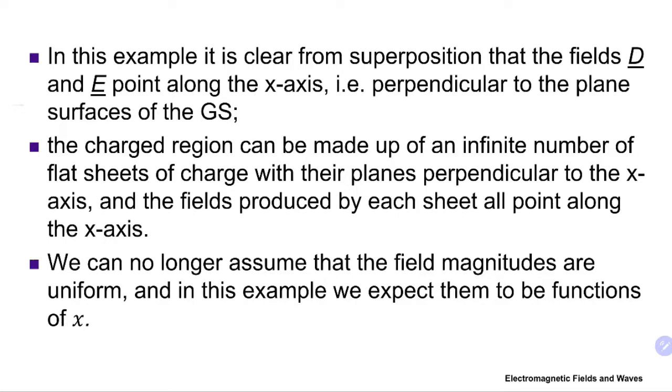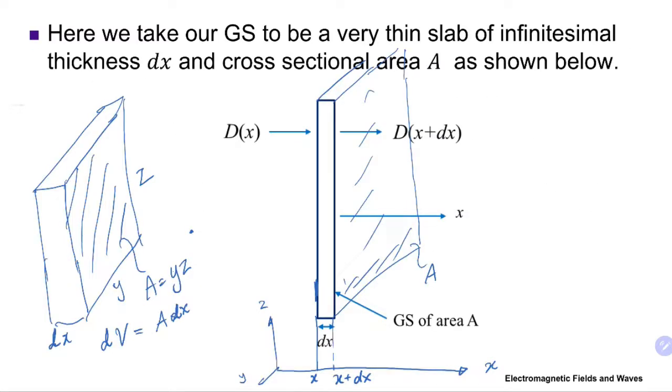In this example, from superposition, the field D, the electric flux density, and E are pointing along the x direction, perpendicular to the Gaussian surface, which I call my surface area A. So the electric flux density and the electric field will be pointing perpendicular to this surface, in the x direction.